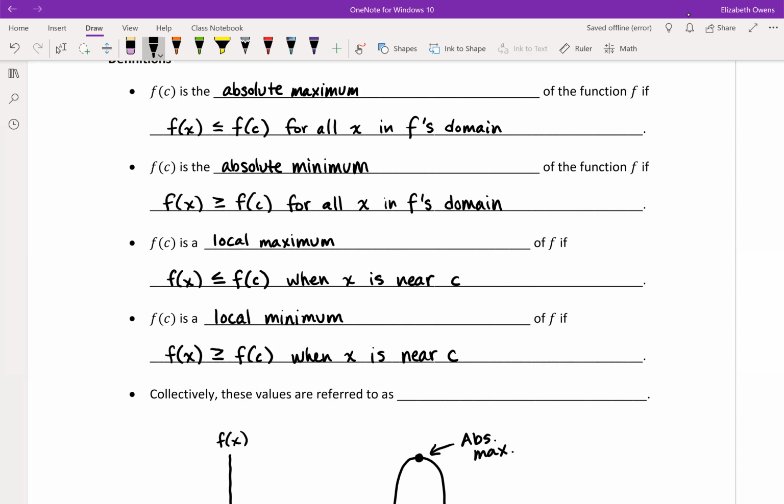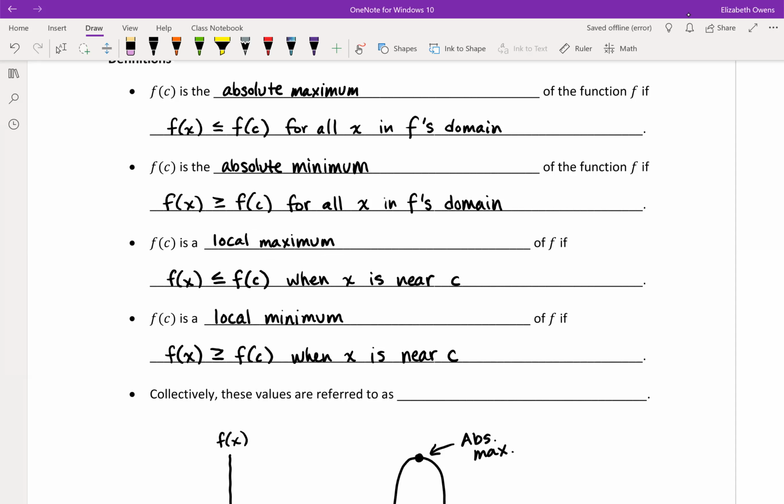If something's a local maximum, we're saying that it's the biggest thing in its little neighborhood. When x is close to c, this is the biggest thing we've got. Might not be the biggest thing on the whole graph, but in its little local area, this is the big guy.